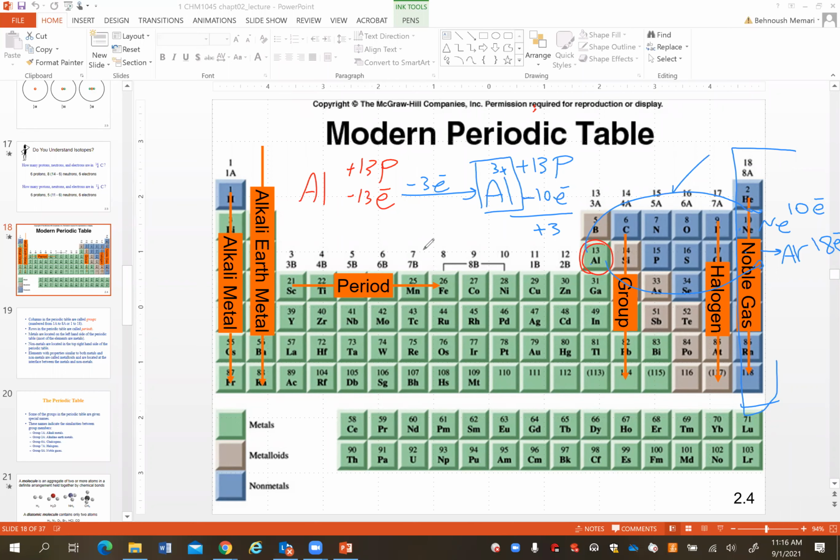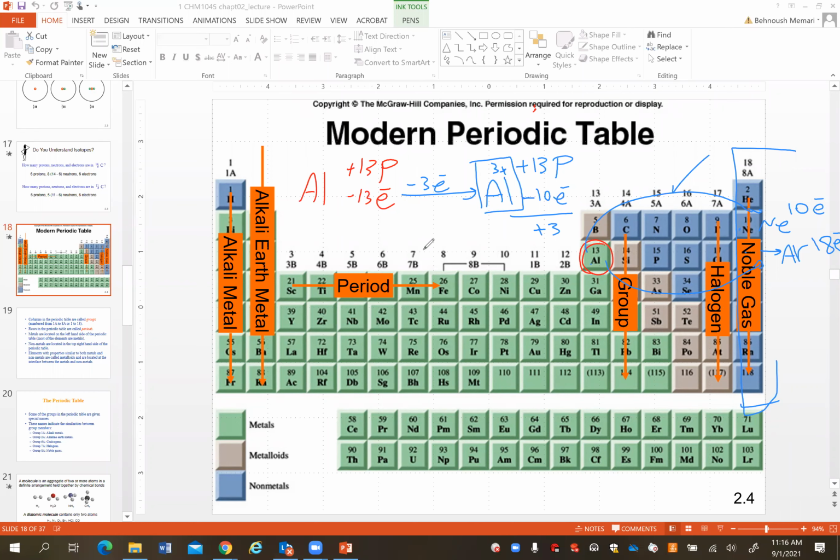So we are trying to find out the number of electrons for oxygen.